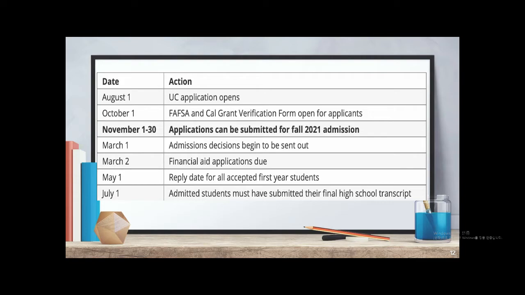From November 1st to 30th, applications can be submitted to the universities, and from March 1st, UC starts to send decisions to the students via email. Until May 1st, students must commit to which school he or she will go to. And lastly, before July 1st, students must send their final high school transcript to the universities.